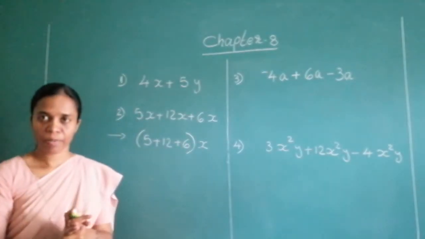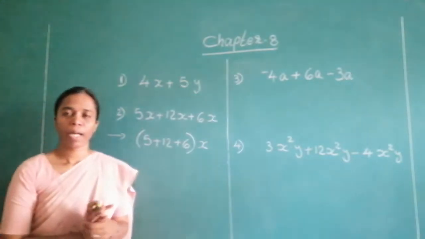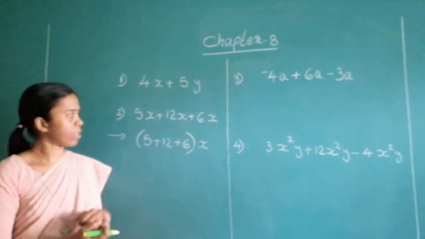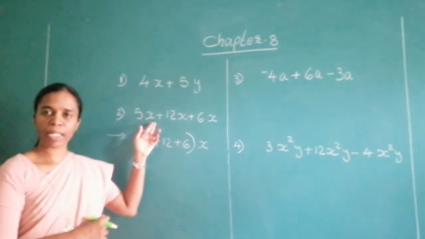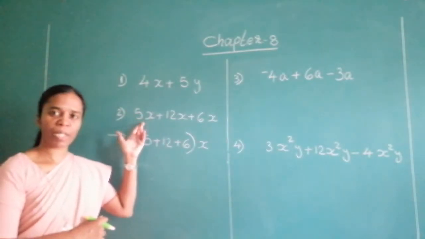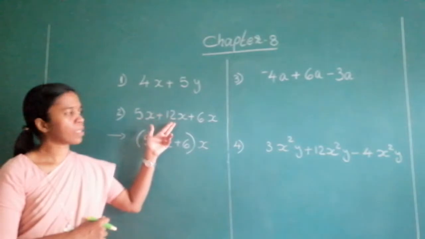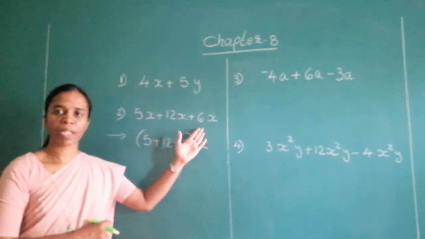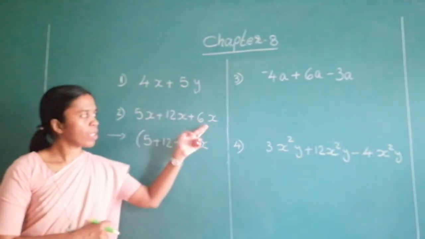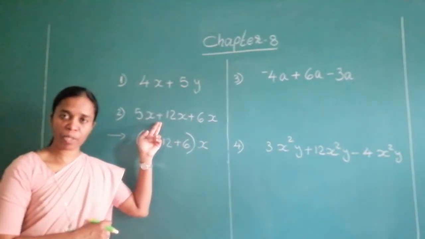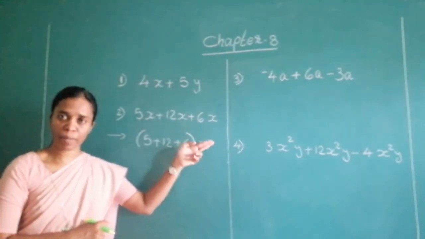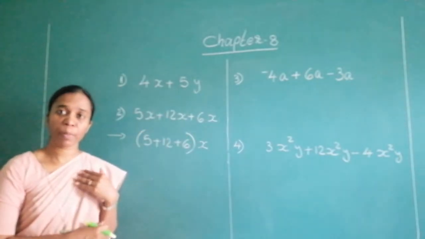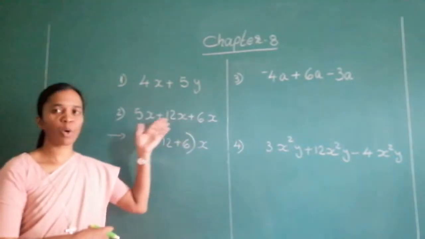This is like, for example, I have gone to the market and I have purchased some pears. For pear, I am naming it as X. So from the first vendor I have taken 5 pears. Second vendor I have taken 12 pears. Third vendor I have taken 6 pears. So you can see the same fruit I have purchased, that is throughout pear. So how many pears have I purchased? To know that I add all that.